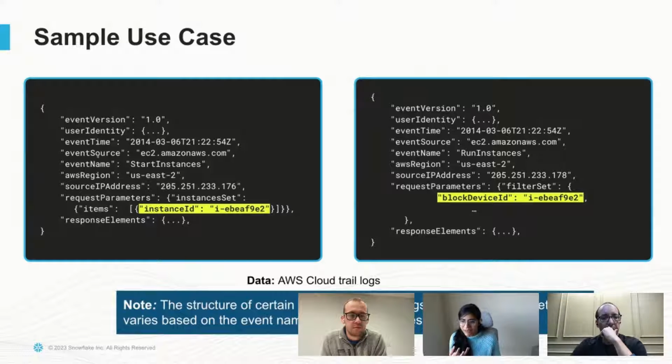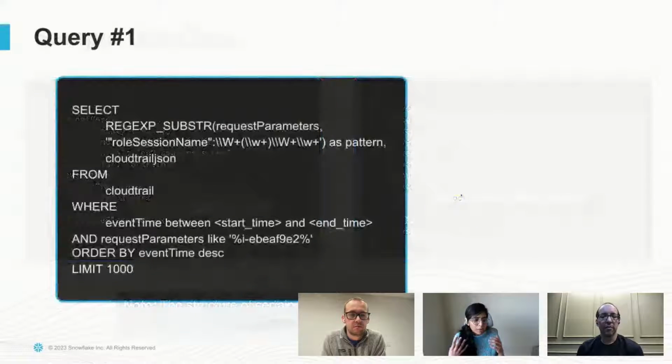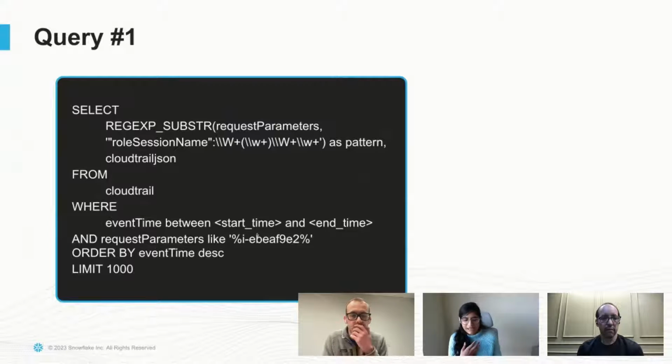For example, when the event name is start instances, the request parameters look different than when the event name is run instances. But the use case could be that you need to perform searches where you're trying to find all logs that are relevant to a certain instance ID. Say, for example, this was a blocked instance ID and you want to make sure there were no logs generated by this instance ID.